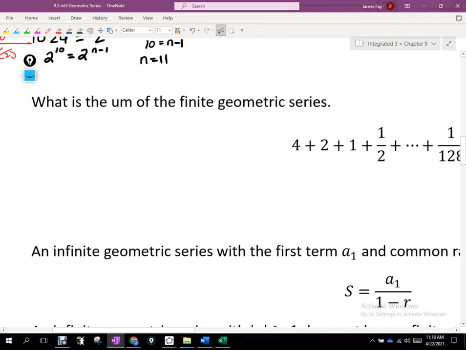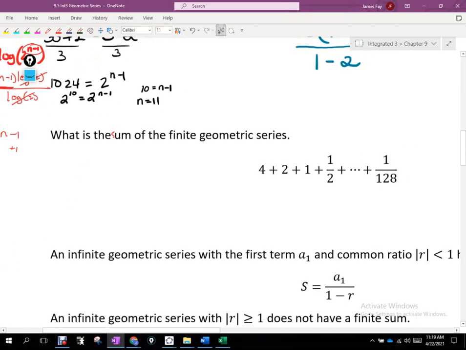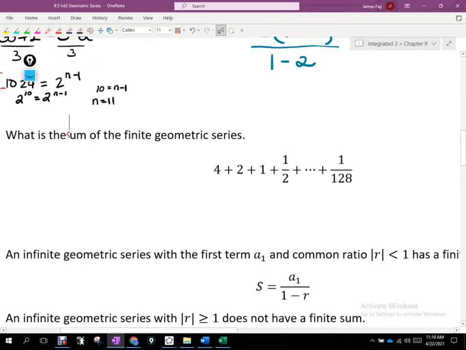Okay. Let's do one more. All right, so when I look at this, what is the ratio? What am I doing to each one of these numbers to get the next one? You're dividing by 2. So R though is always, we're always viewing it as a number that we're multiplying by.